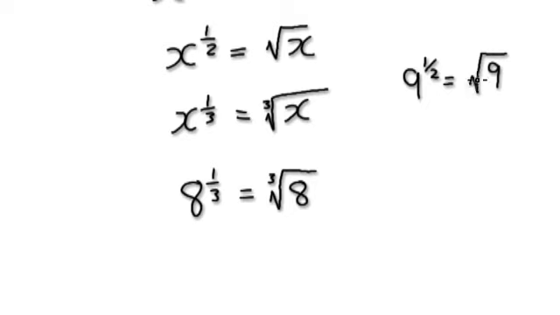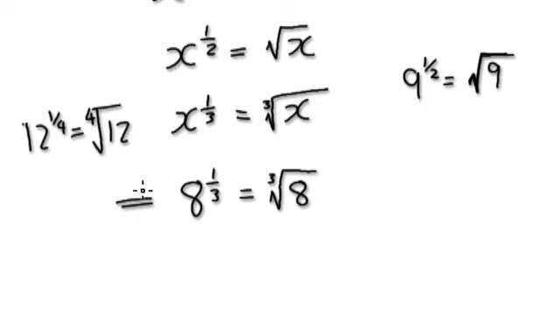It's so common, we just write the square root sign without the 2. Whereas a 3, you have to put the 3 in there, or if it's a 4, let's say 12 to the power of a quarter, then that becomes the fourth root of 12. Well, anyway, back to this 8 here.